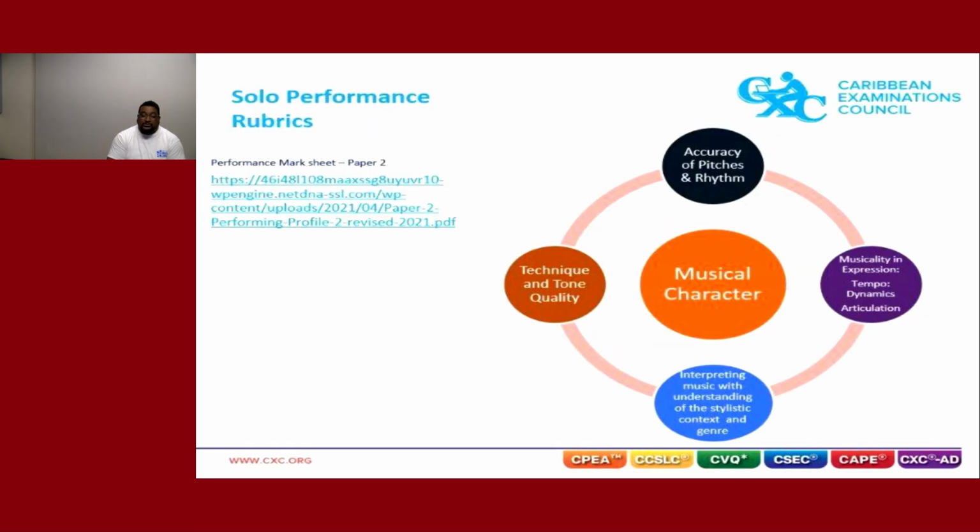In your Paper 2, you are being guided by these four bubbles, and all of them pertain to the music performance. You want to ensure that you have accuracy of pitches and rhythm. So if you're playing or singing, you should have as much mastery of the piece as possible.